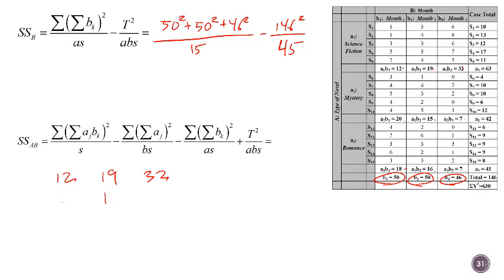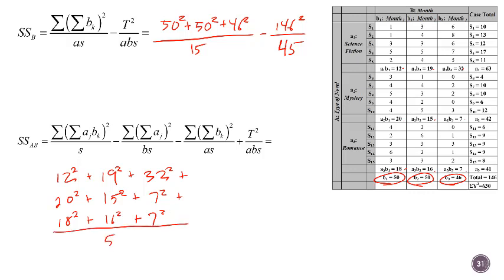It's weird, I said 20, my hand wrote 12. 20 plus 15 plus 7, 18, 16, and 7. So this is all squared plus squared plus squared. It's going to be over S, which is 5.